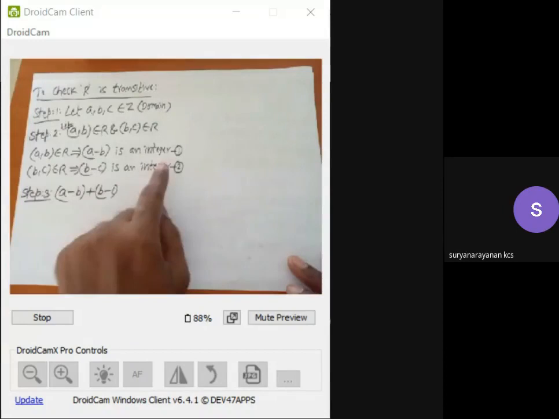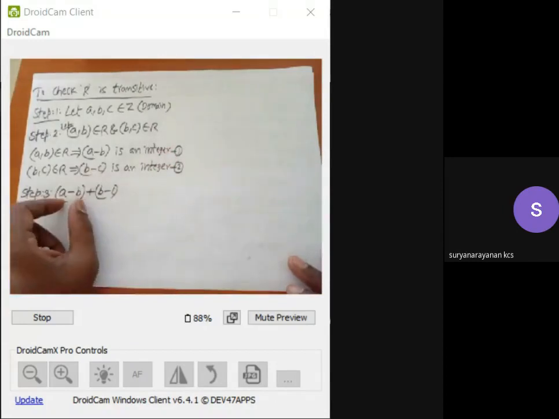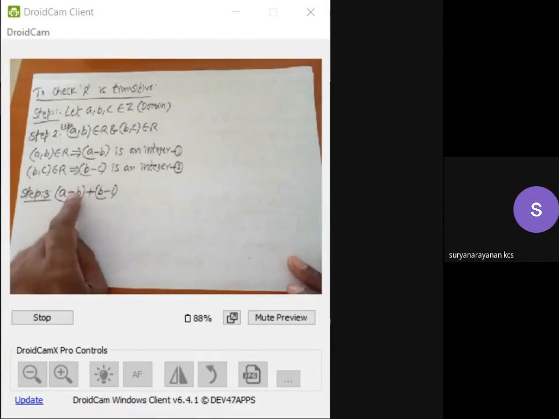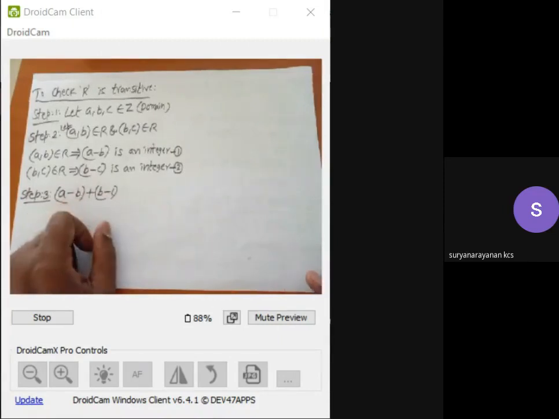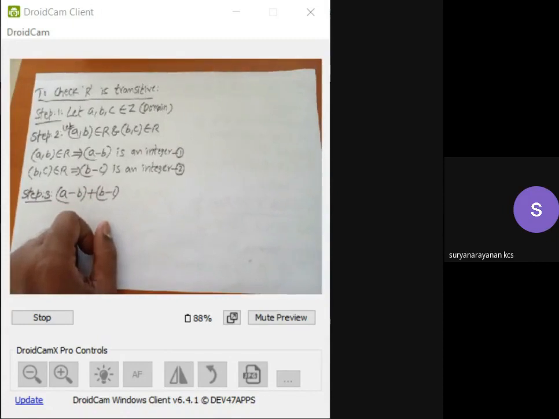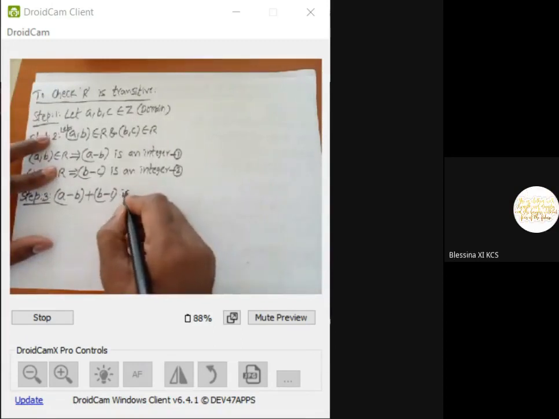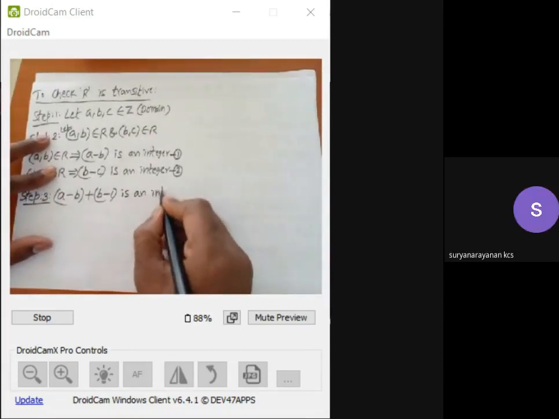From equation 1, A minus B is an integer. What is B minus C? It is also an integer. If we are adding these two integers, what will you get? Is the sum of two integers an integer or not? Integer, sir.